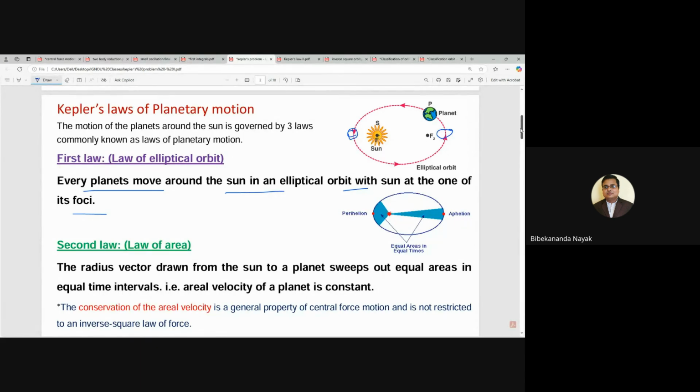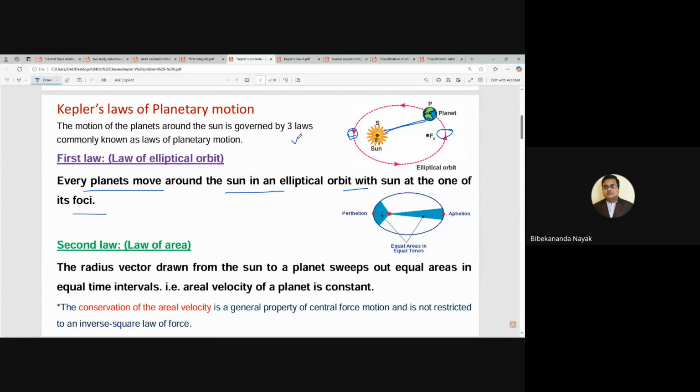So what is the average distance between sun and earth? 150 million. How do you calculate this?